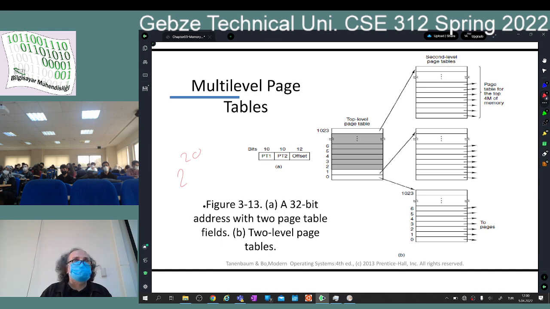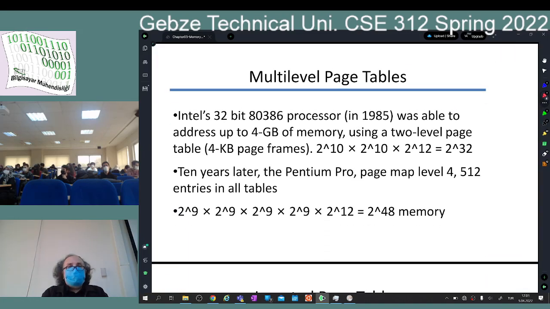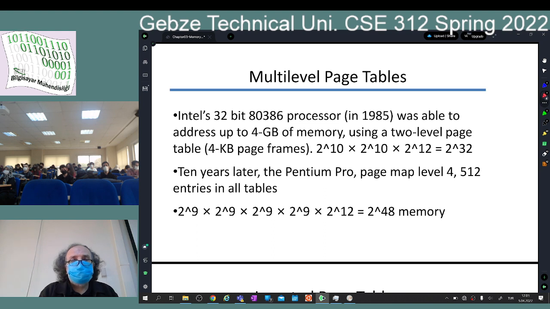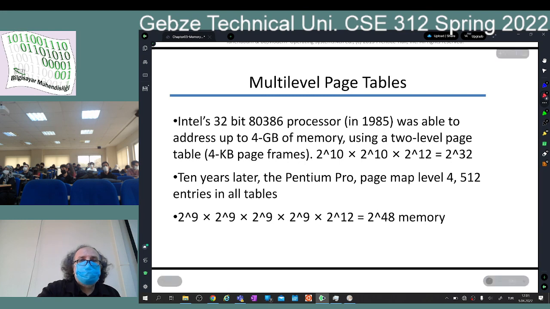So multi-level page table is the answer to the problem of our page tables not fitting in our memory. Intel processor, okay, 386. Since it's a 32-bit computer, its address space is 2 to the power 32. This is from Intel actually, I am going to keep my pages at 4 kilobytes, with a level 1 page table and a level 2 page table, and that's what I can address.